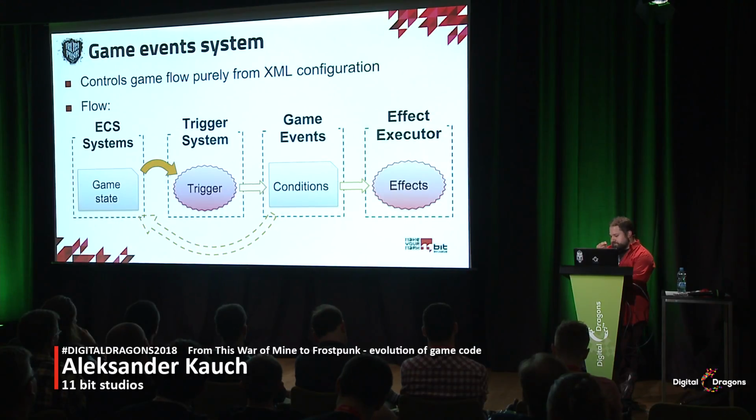From the change of state in ECS systems, a trigger might be fired. So, for example, when a citizen gets sick, that would be a trigger. And then, after trigger firing, the game event system evaluates conditions and could provide an effect.